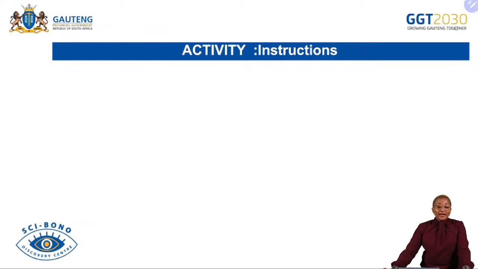So let's have a look at our activity here. Today we've got a number of activities that you've got to do. So I'm definitely sure that you will be kept busy in the evening and in the whole week. Let's have a look at that activity.